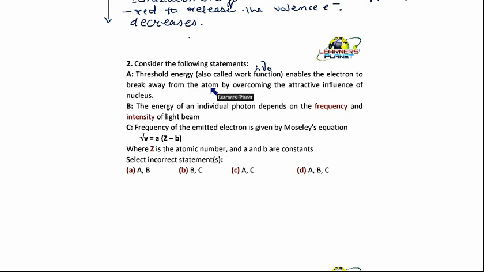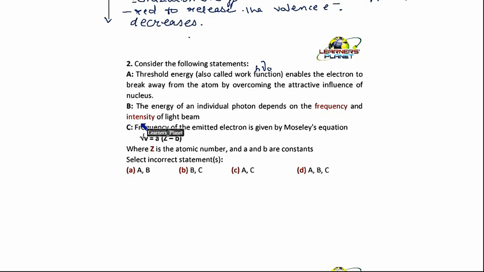It enables the electron to break away from the atom by overcoming the attractive influence of the nucleus. Right? What is threshold energy? It is the minimum possible energy required to just remove the electron from an atom. It is an electric current, right?